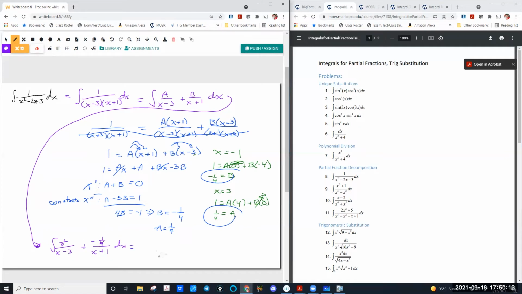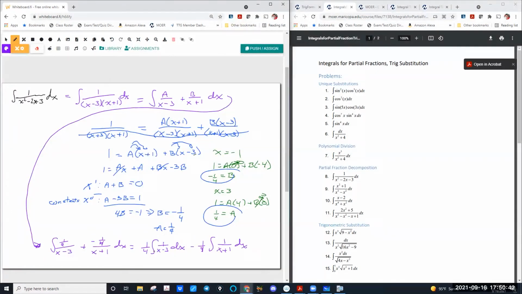I'm going to pull those out and write these as separate integrals. Let's write it this way: 1/4 of the integral of 1 over x minus 3 dx minus 1/4 of the integral of 1 over x plus 1 dx.